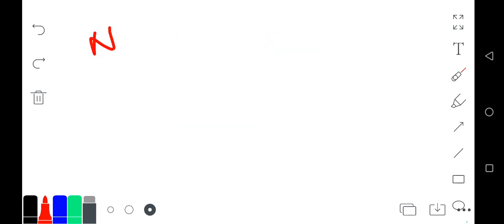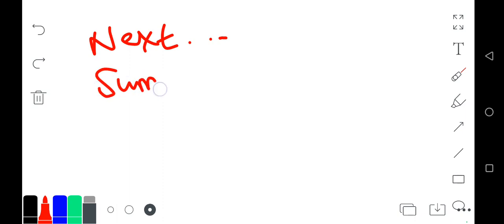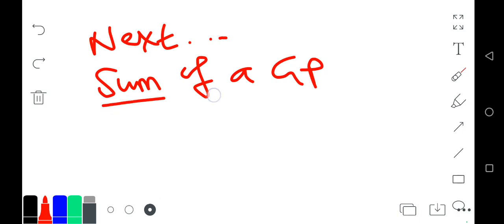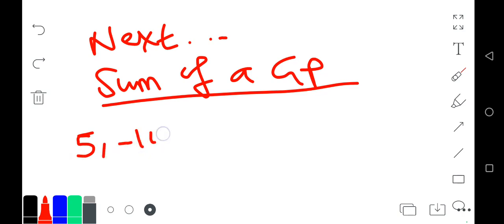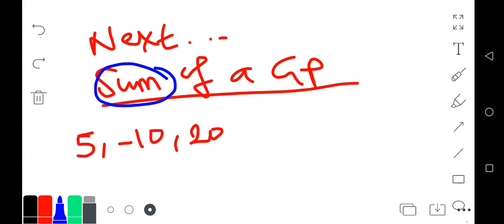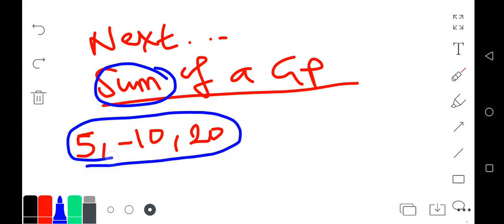Now, in the next lesson we shall look at the sum of the GP. Just to do a recap on the sum of the GP, it simply means that if you go back to that sequence I gave you, 5, negative 10, and 20, what they mean by the sum is for us to add all these numbers together and see what we get.